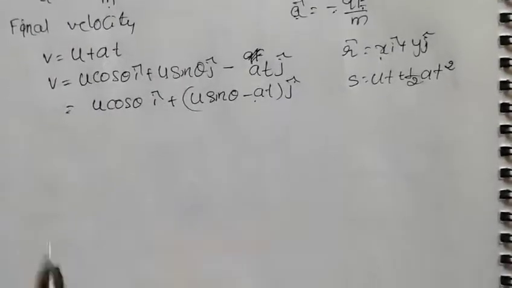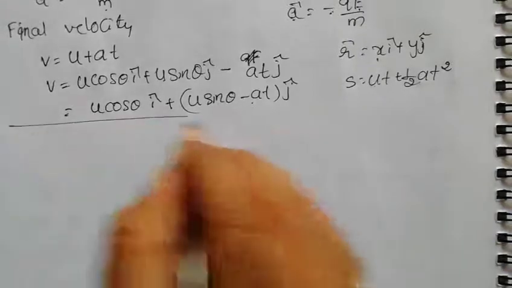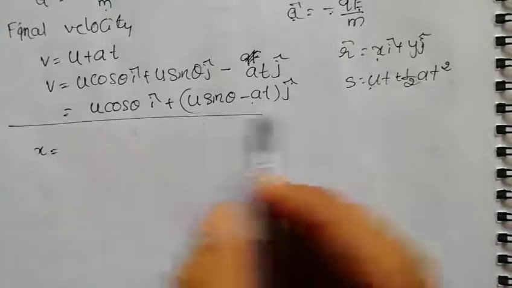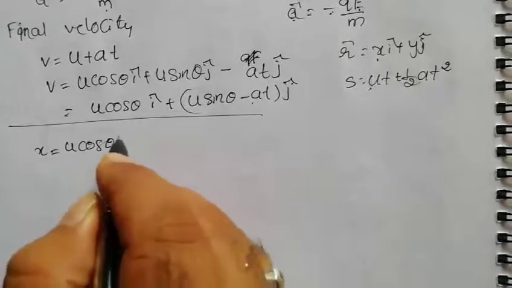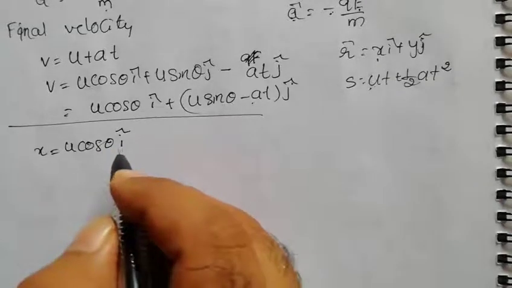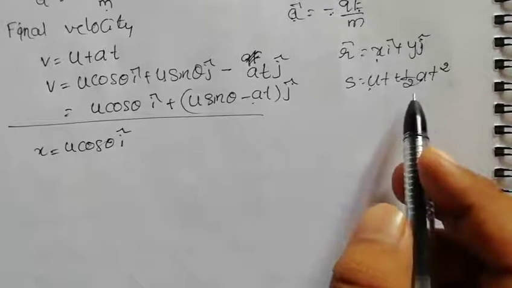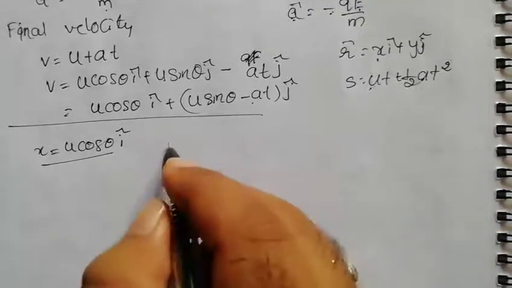Let us see. The x value we get, x equals, from here I am taking the initial velocity, that is u cos theta into i cap, plus a, which is along j cap, meaning along the x axis this will become 0. This is the value of x. Now look at the value of y.